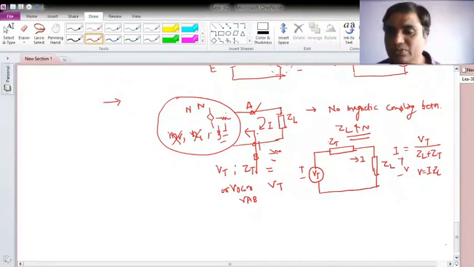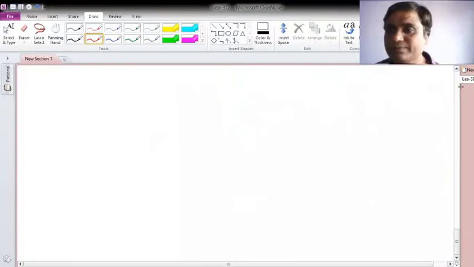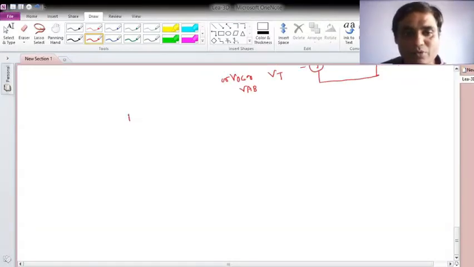Okay, so now let us see the proof. Proof of Thevenin's theorem.